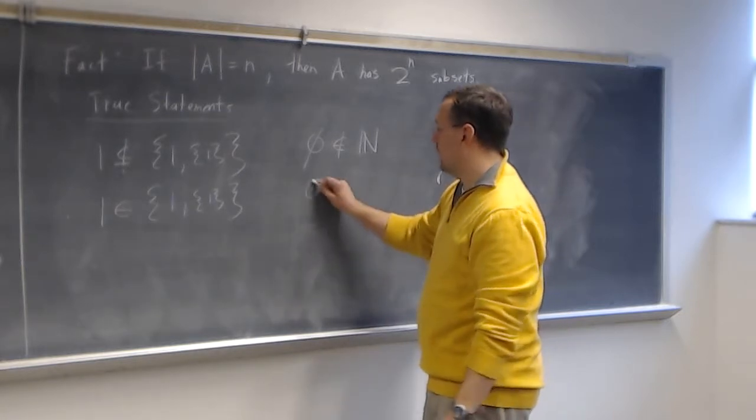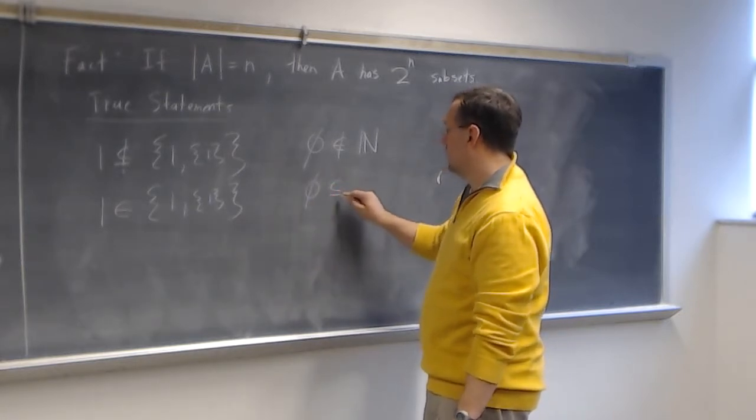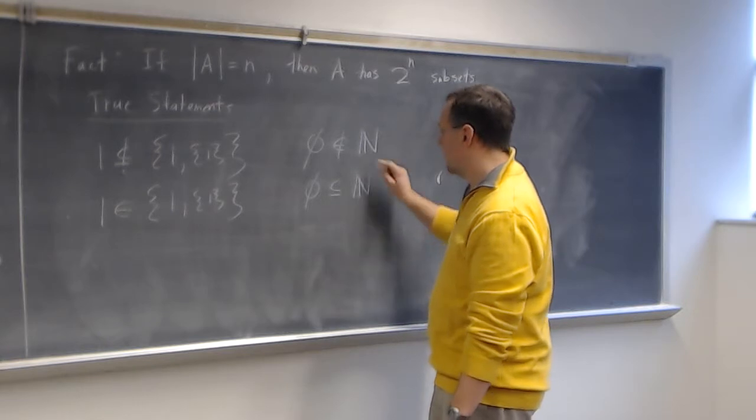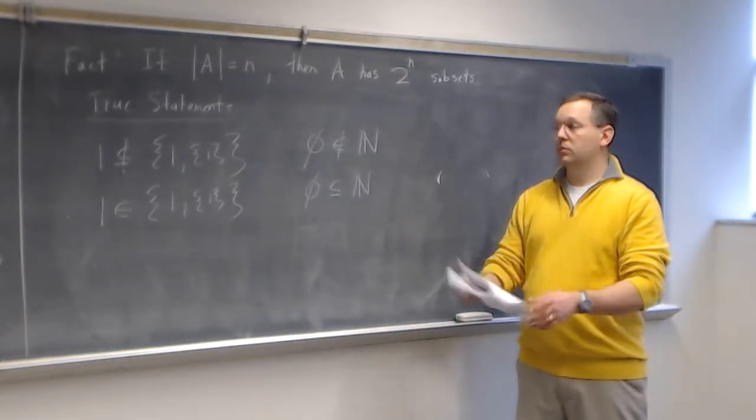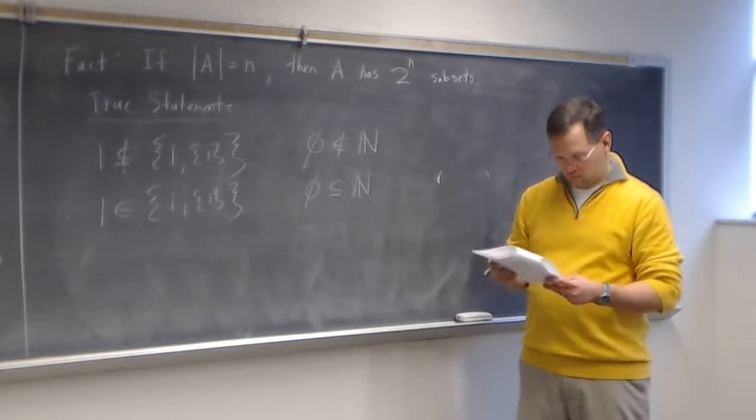I could also say the empty set is a subset of the natural numbers. That's a true statement as well, because the empty set is a subset of every set.